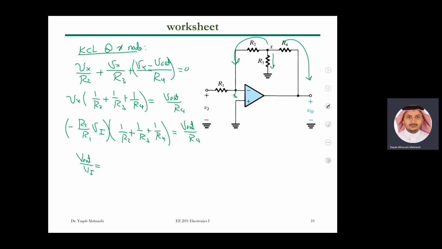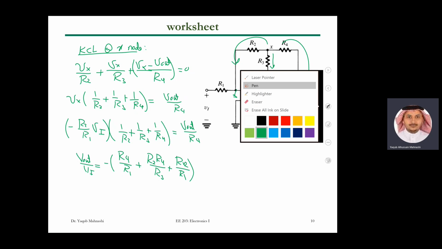So this one will stay the same. So we have minus, and let's multiply this one. So this one will be R2 minus, of course, R4 over R1, right? And then we have what? R2, R4 over R3 plus R2 over R1.